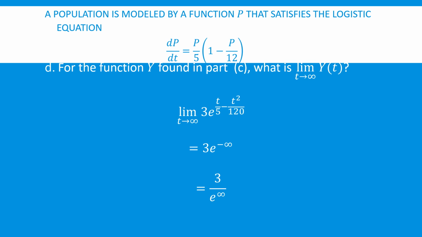I know that e to the negative infinity is just 0, so 3 times 0 is 0. Or you could have dropped the e like I'm showing here. Still understanding that my denominator is going to infinity, so 3 over infinity is still 0. However you want to do it, you should still get an answer of 0. So I'm getting 1 point for the answer there. Not much work. I didn't have to use L'Hopital or anything like that, so just 1 point for the answer.